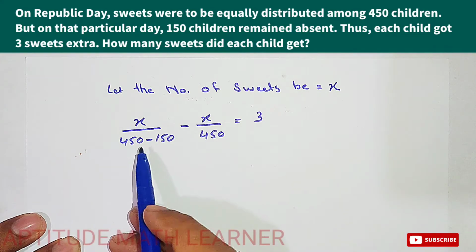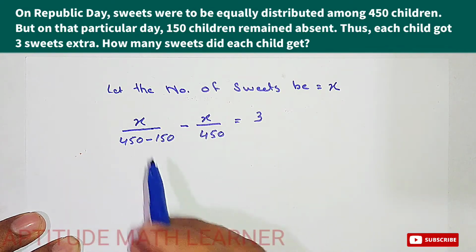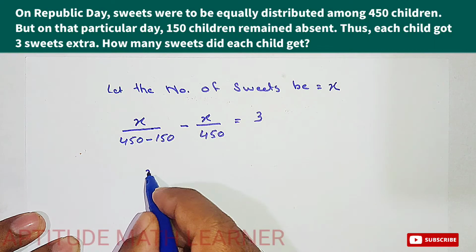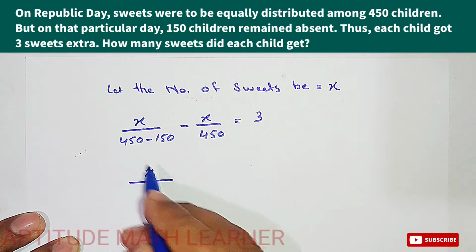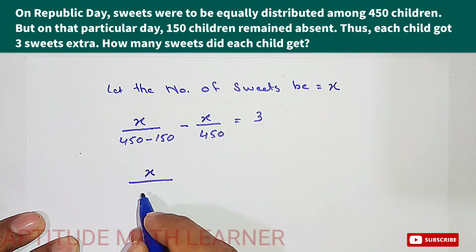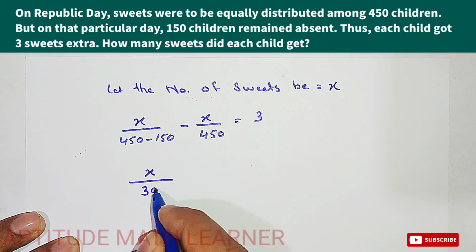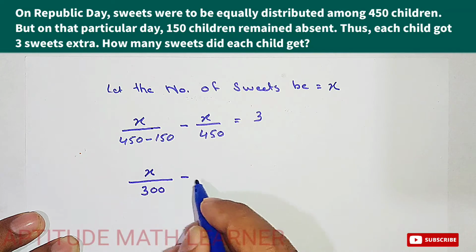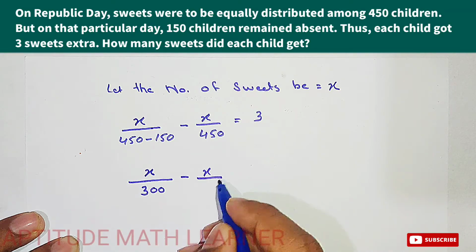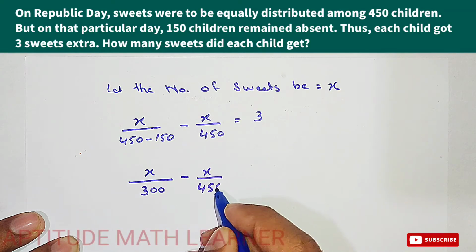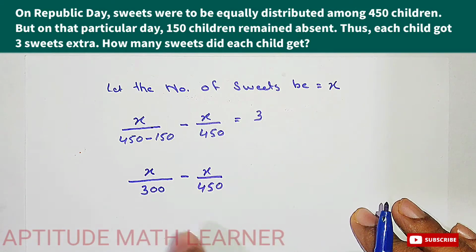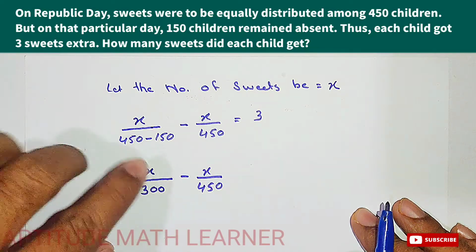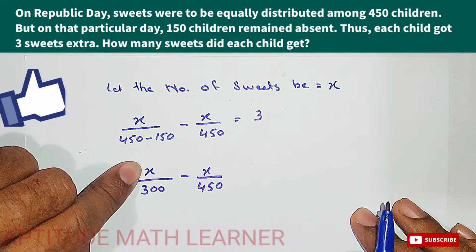So now the number of children becomes 300, and we have x divided by 300 minus x divided by 450. Here we have two things: the number of children among whom the sweets have to be distributed, and x.